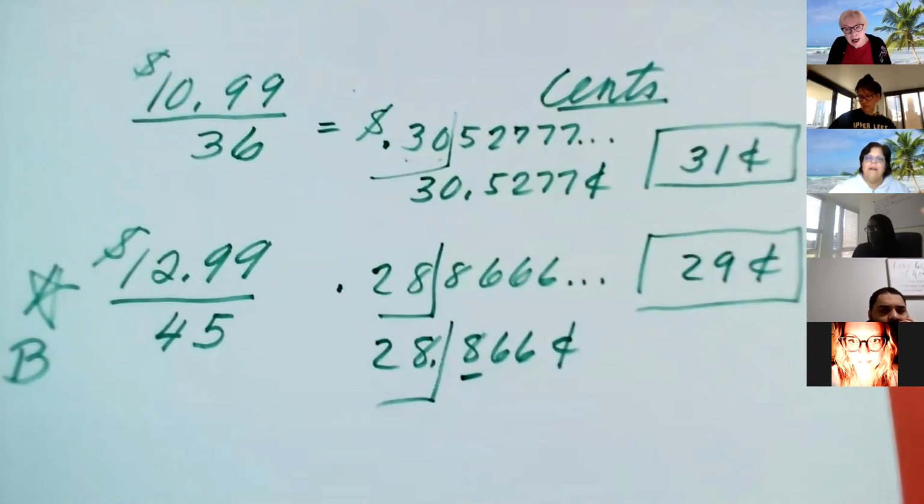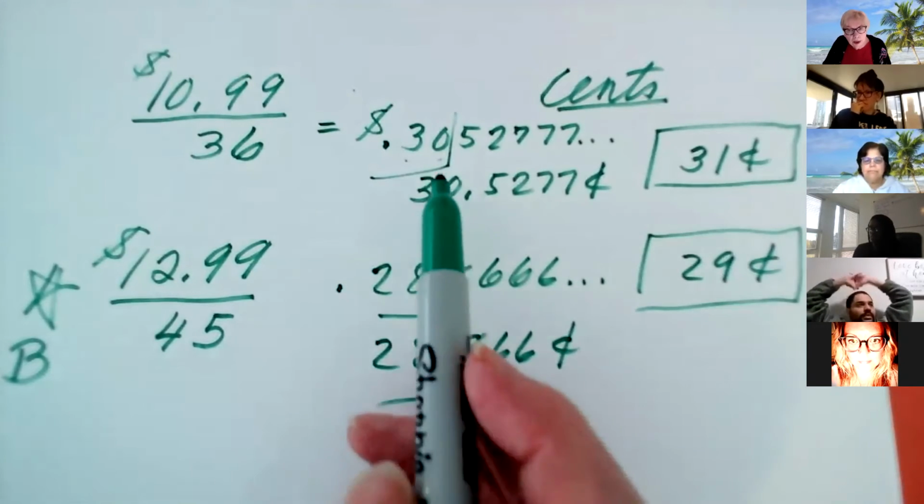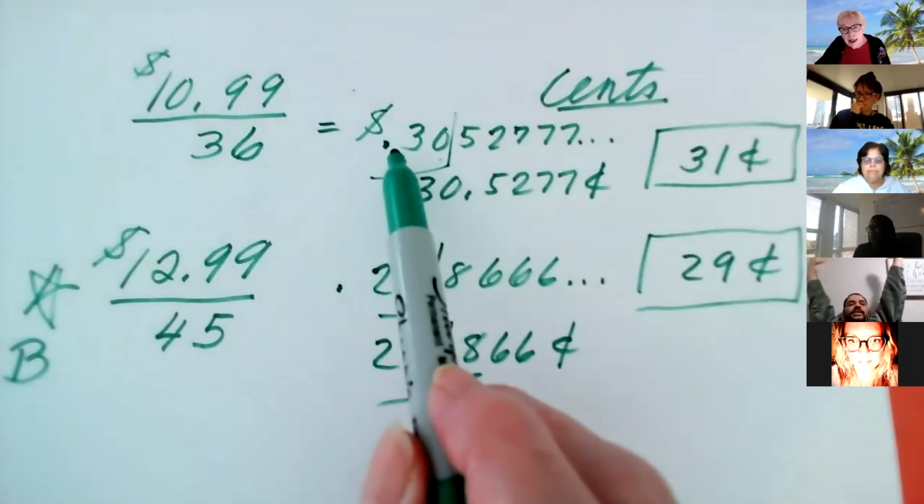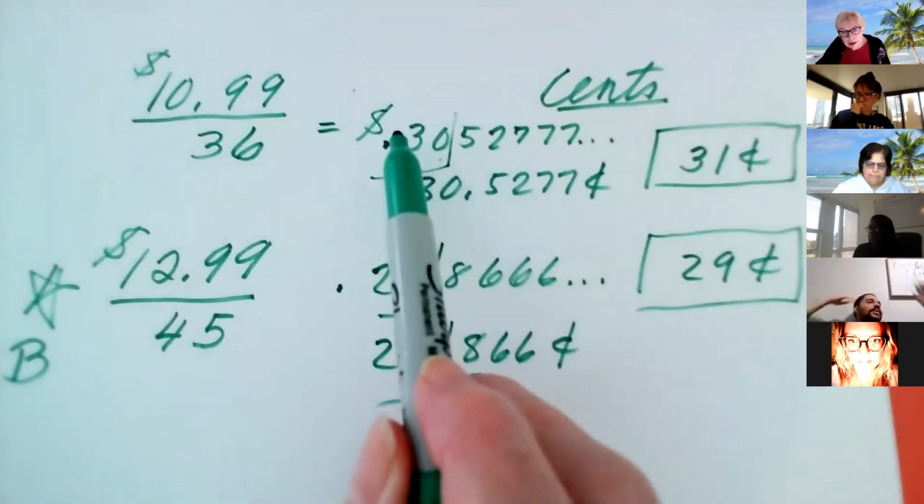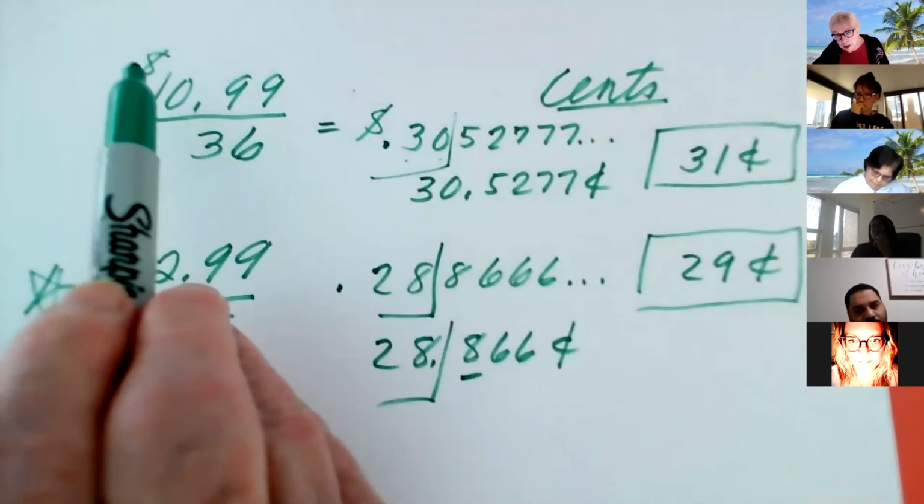The trick about rounding is to wait until the last second. If you round too soon, it gets all fouled up. And so what I did, I used a calculator, I'm telling you that right now, and it gave me this number. That was in dollars, because this was originally in dollars.